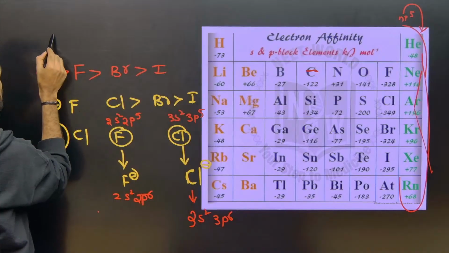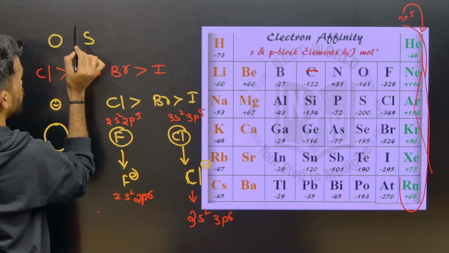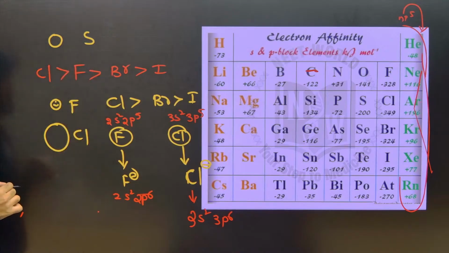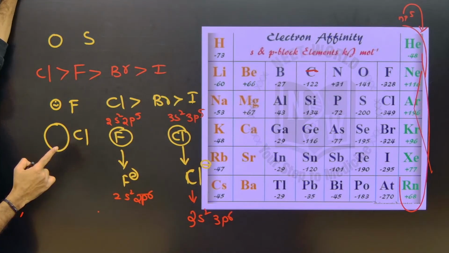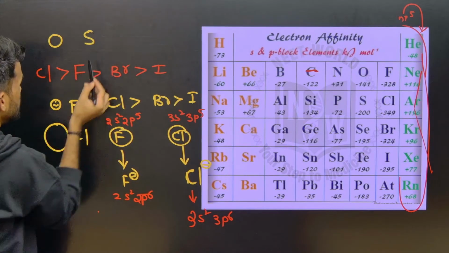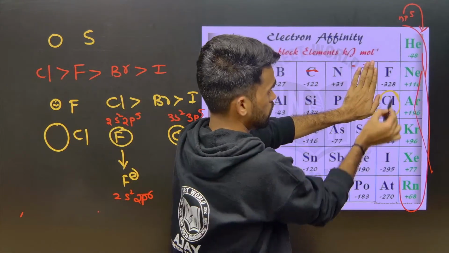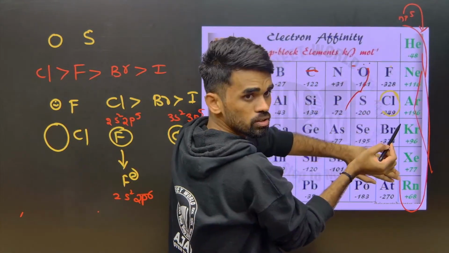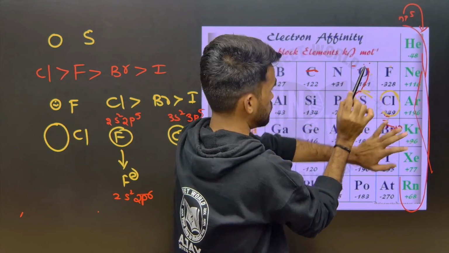So now tell me, between oxygen and sulfur, which is having more? Sulfur. Okay. By looking at the values you are saying. See, whatever the concept, I told you chlorine is more than fluorine. Here also apply the same story. Definitely sulfur will be more than oxygen.